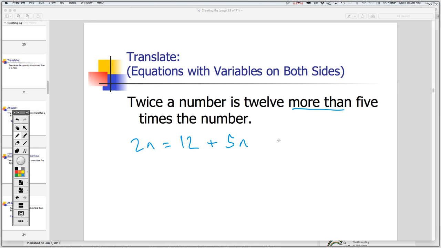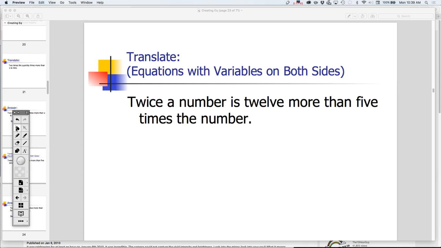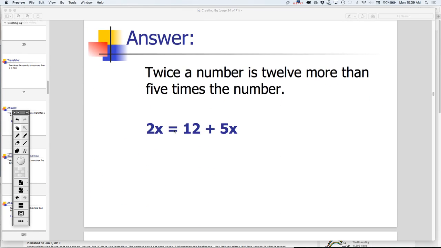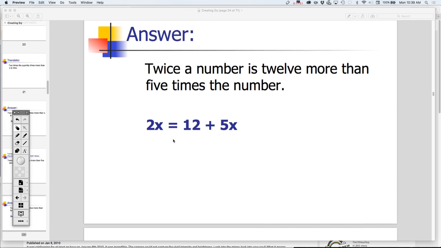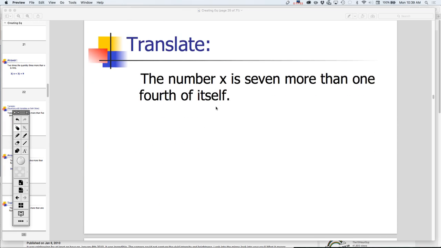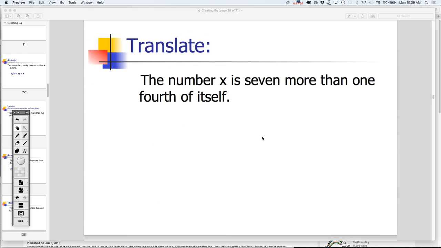Okay, try this one. The number x is 7 more than 1/4 of itself. How do I write 1/4, guys? 1/4. Good. So try that out.